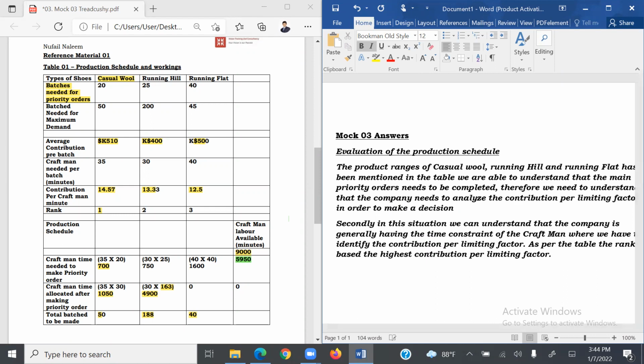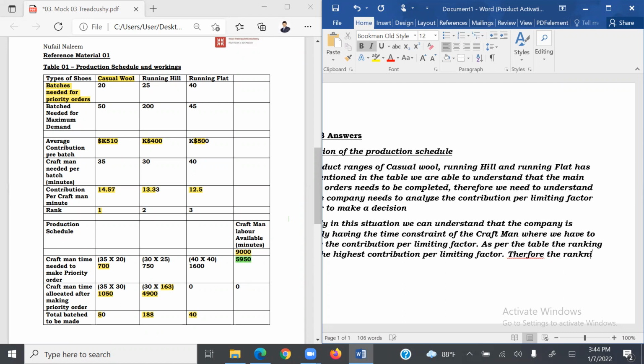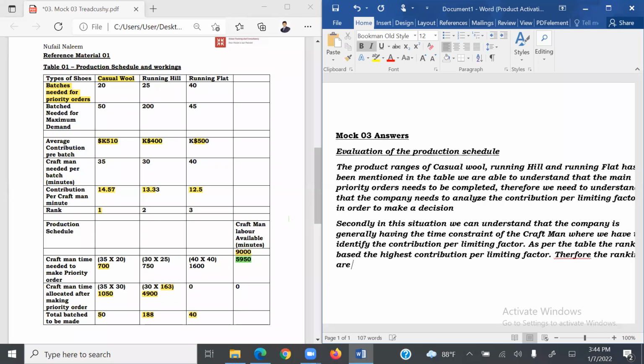So students, let's continue with the next one as well. What is the next one, students? It's very simple. Therefore the rankings are casual wool, then the running shoes, then the running hill, and finally the running flat. I believe this gives you a better clarity there.